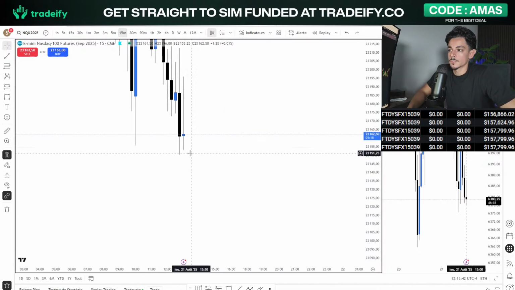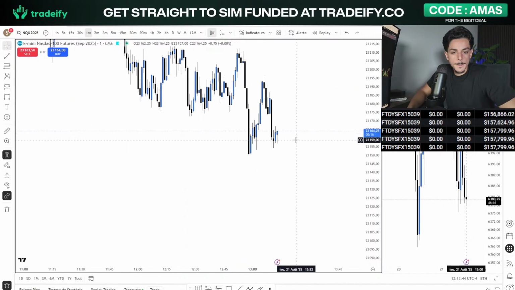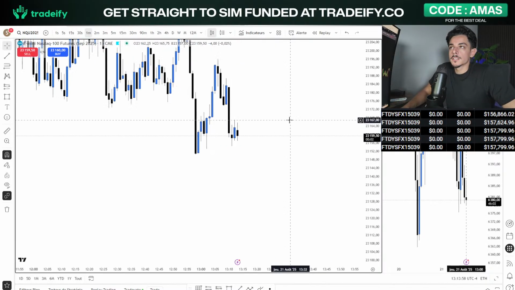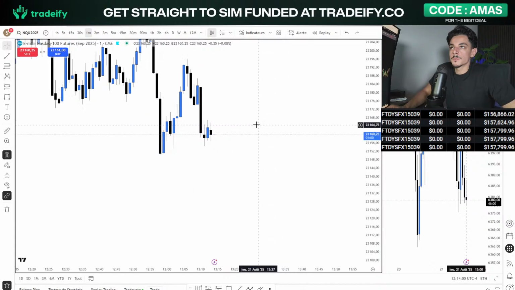I want to see this low get swept here. Do you find some months which are always harder to trade? Usually with my system, January is hard.